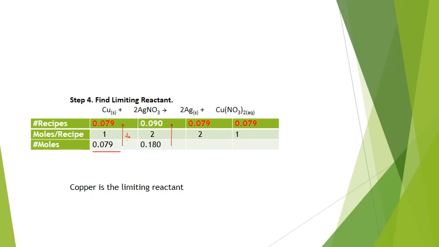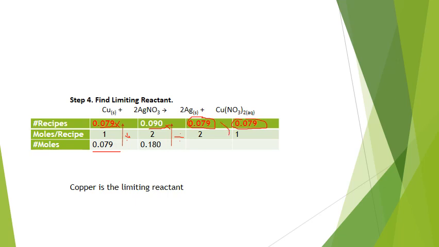Again, going up, you're going to divide. So this is how many times you can do it with the copper, and this is how many times you can do it with the silver nitrate. 0.079 is less than 0.09, so that's how many times you can do the reaction.